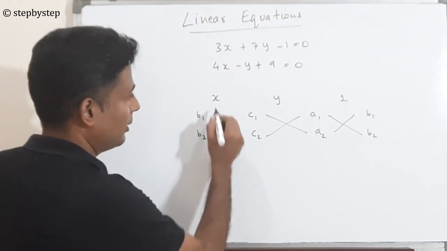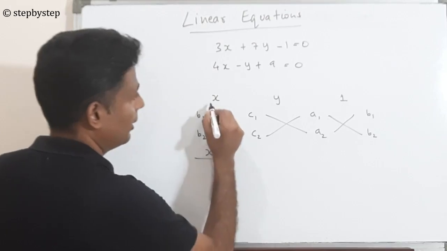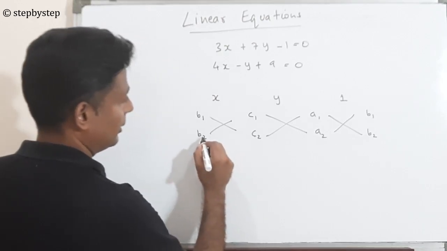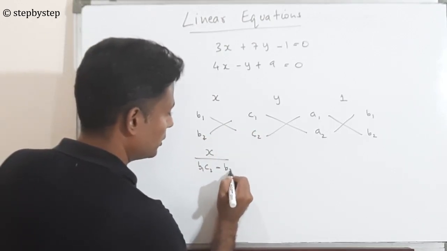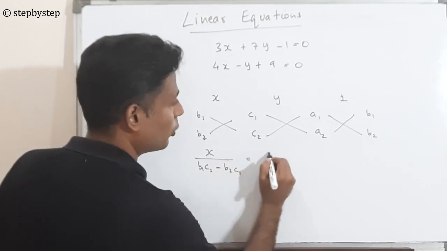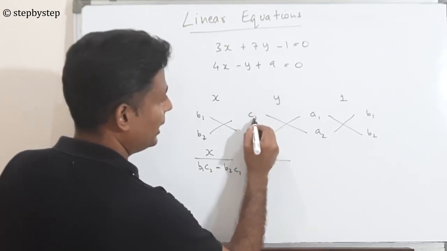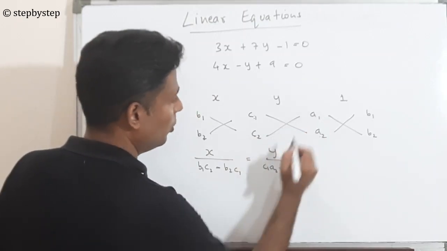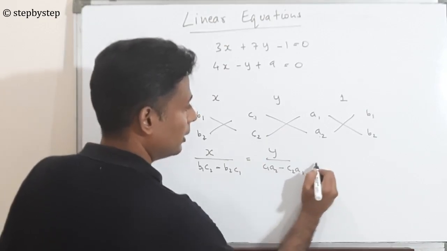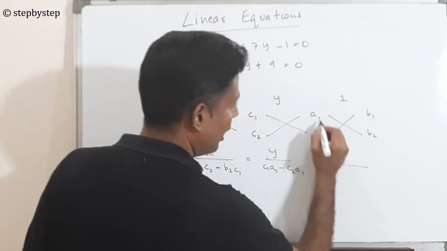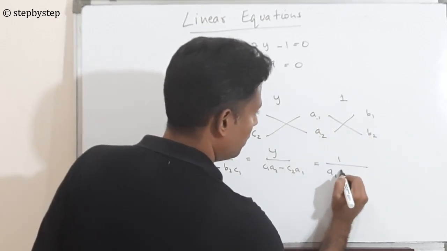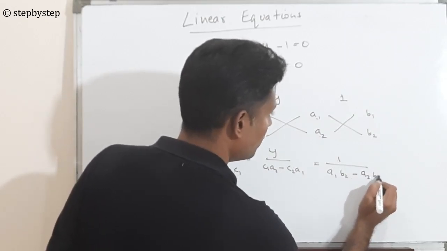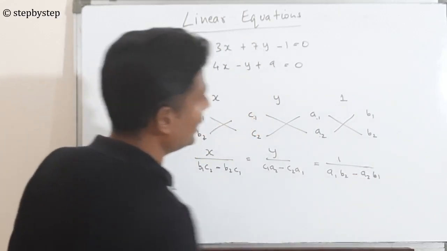And what you will get is x by B1 into C2 minus B2 into C1 equal to y by C1 into A2 minus C2 into A1 equal to 1 by A1 into B2 minus A2 into B1. This you need to remember.